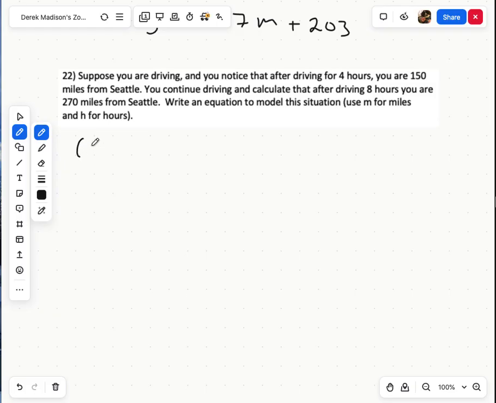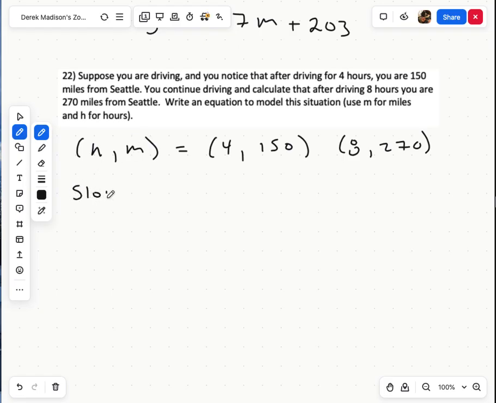So we're using h for hours, and we're using m for miles. So our points would be in 4 hours we're 150 miles from Seattle, and in 8 hours we are 270 miles from Seattle. So let's get our rate of change.